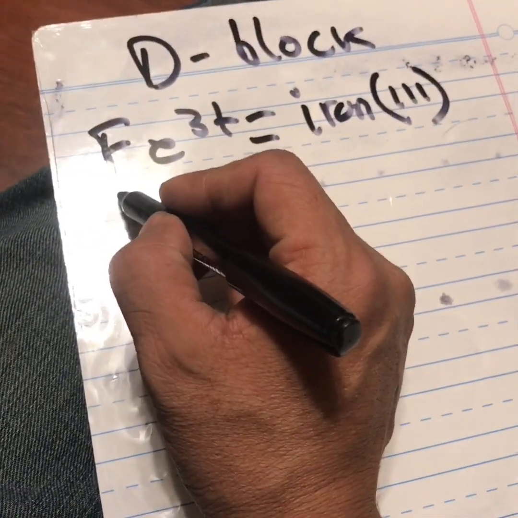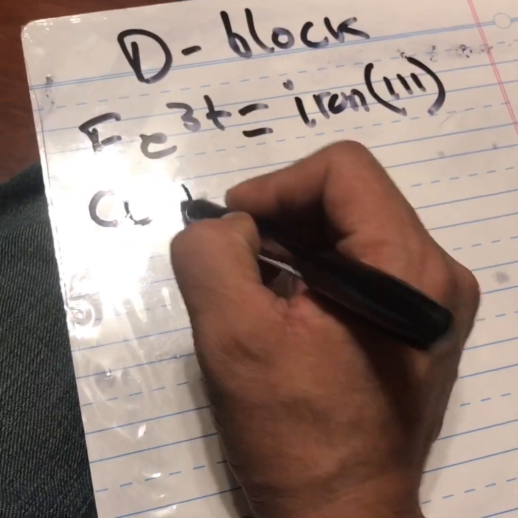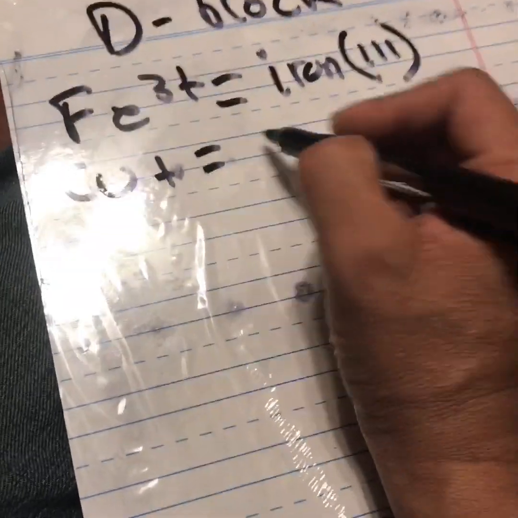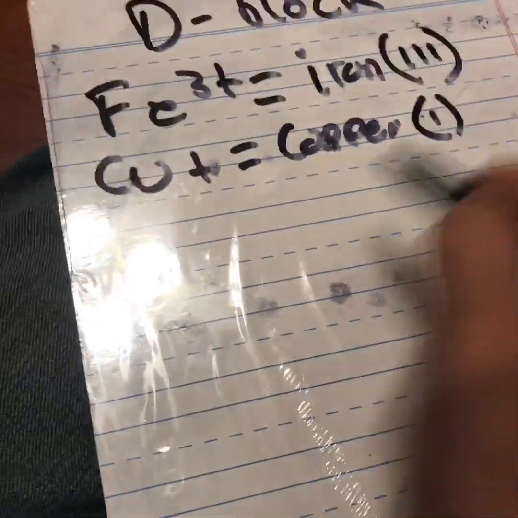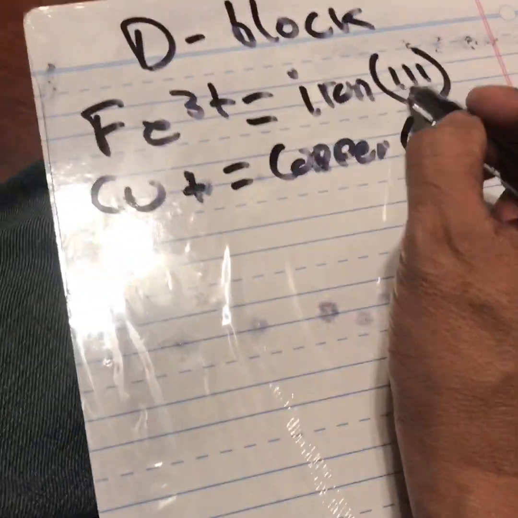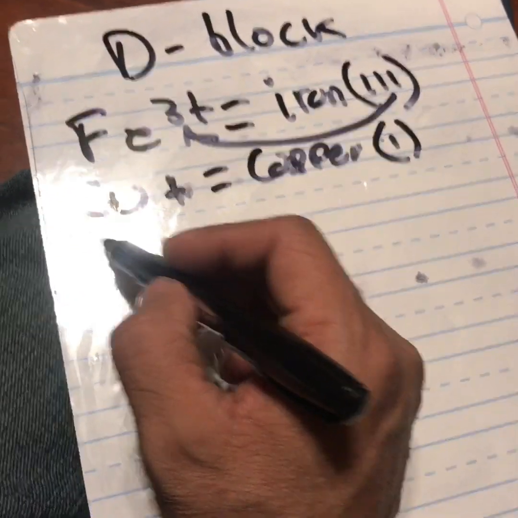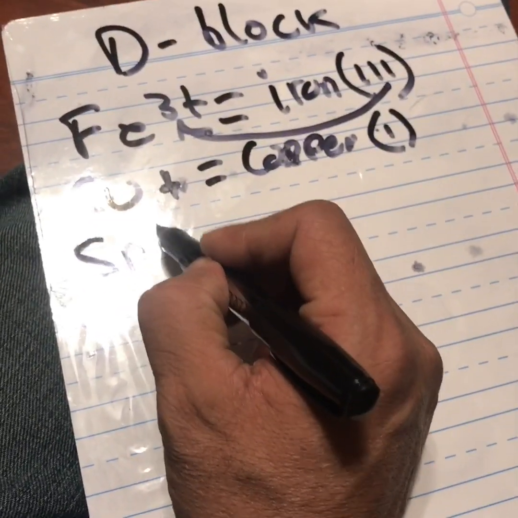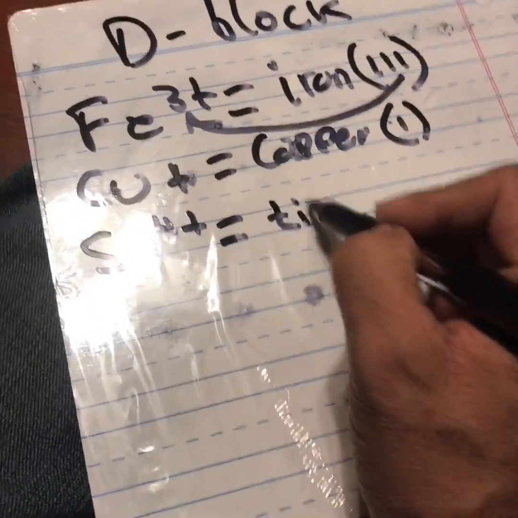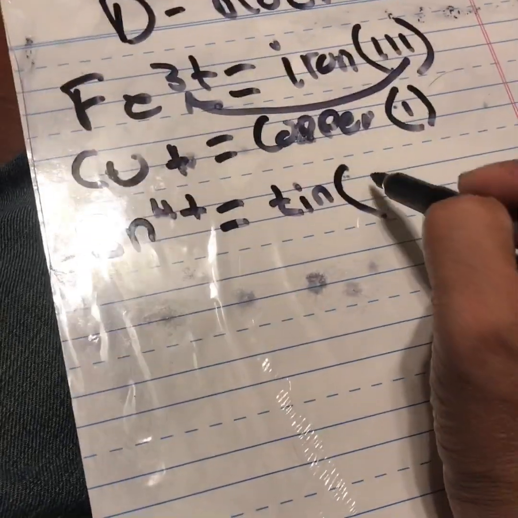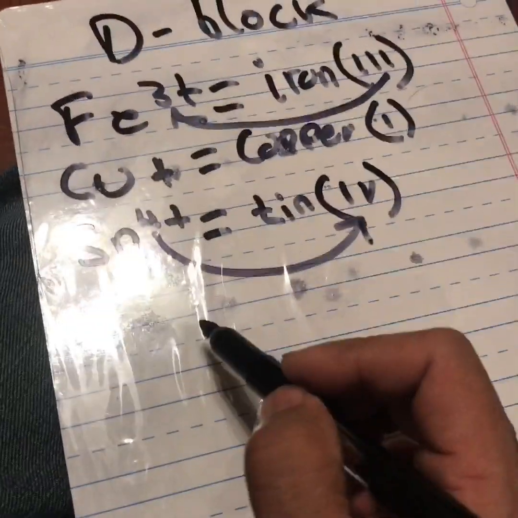Another example is Cu+, which translates to copper(I). Another example, we have Sn4+, which translates to tin(IV). Once again, this translates to the charge.